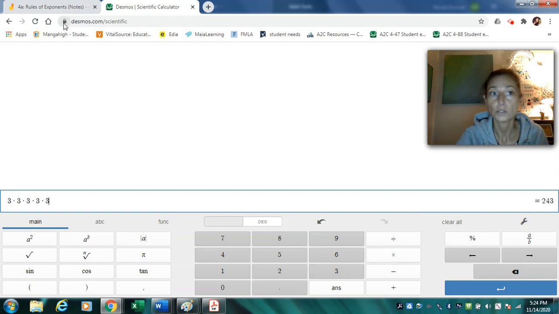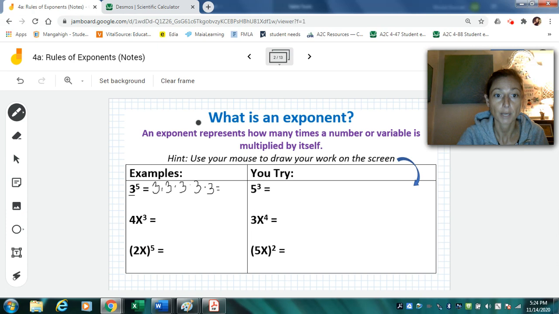So that would be 243, not 15. So then that's how we use an exponent on numbers. You can use the actual exponent itself, or you can write it out and see what you get that way.